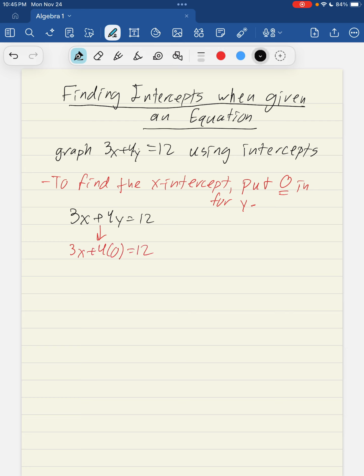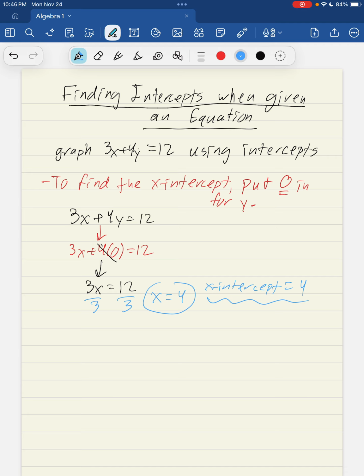Then we just solve this using algebra. I'm going to eliminate that 0, so I have 3x = 12. Classic algebra from here on out. Divide both sides by 3, and we get x = 4. That means our x-intercept equals 4.